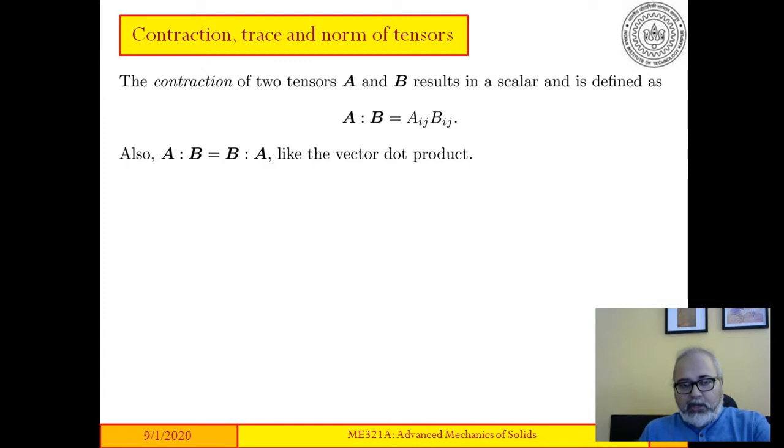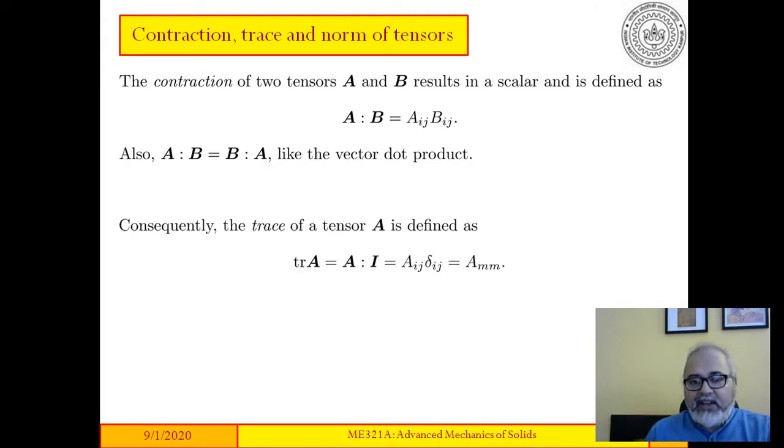Now, let us prove an important result about the contraction of two tensors. In fact, we will prove that the contraction of tensor A with the identity tensor is something called the trace of A. Let us prove that.